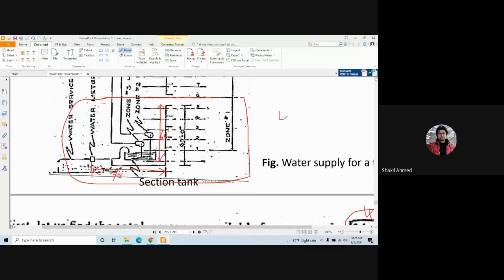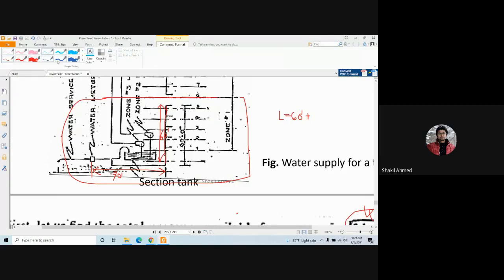The total length of the pipe is what? 60 plus 70, sir. Remember, here pressure here is 50 psi.